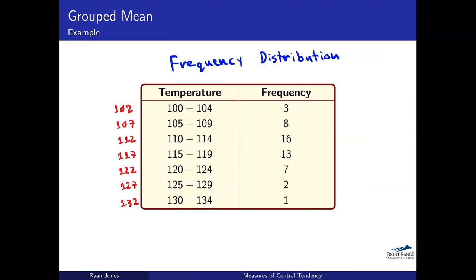But if I just pretend that instead of them ranging between 100 and 104, they're all 102, that's a lot simpler to deal with, because now I just have one number that repeats 3 times. And then likewise, instead of worrying about all 16 of them between 110 and 114, I can just pretend that all 16 of those have a value of 112, and that's a lot easier to deal with.